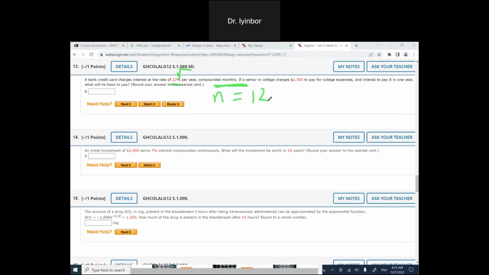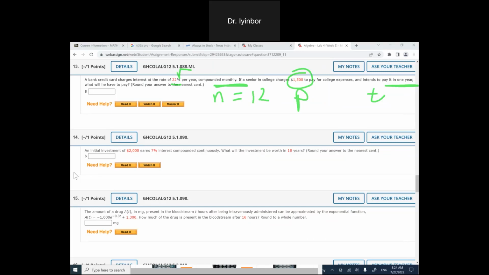So the original charge for that card is going to be the principal, and the student wants to pay that for 1 year. So that's the time of the calculation. So T is going to be 1 year. And what you need to find is how much the student has to pay for that credit card.